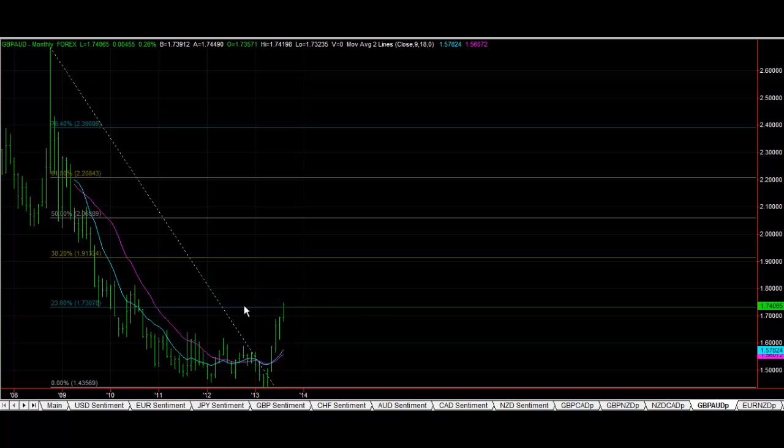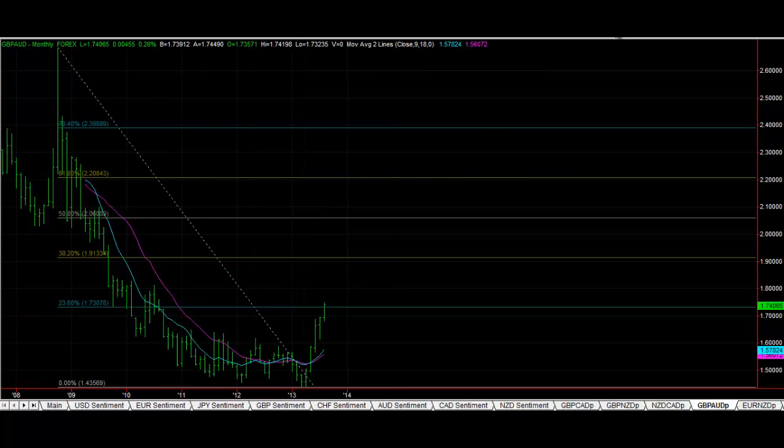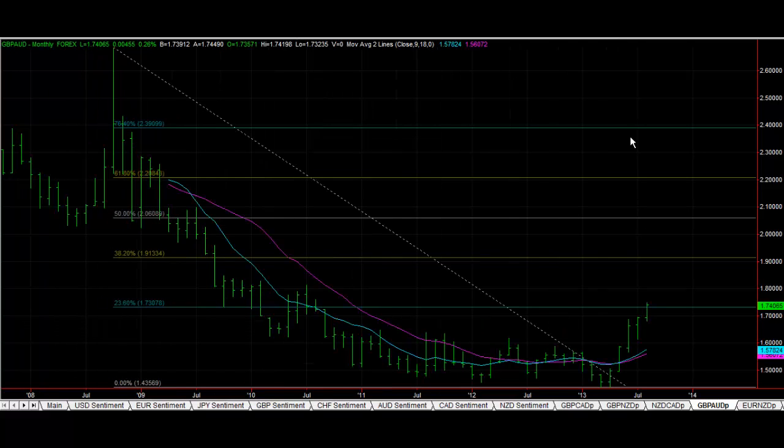This represented the first line of resistance for this cross rate. This came in at 173.07, and we can see that we are trading above this level right now. If the British pound continues to appreciate against the Australian dollar, we would look for a test of this 191.33 level right here.